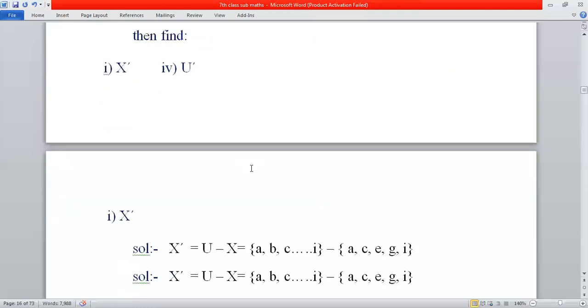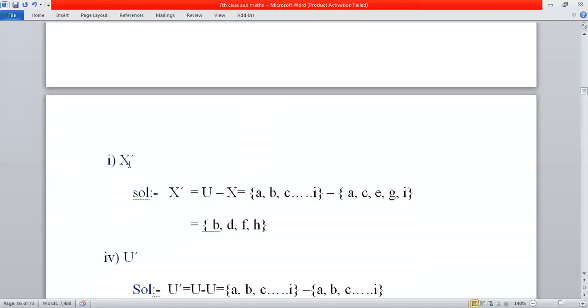So dear students, first of all we solve the first part, X complement. X complement means universal set minus X. So in the universal set you have been given A, B, C, D, E, F, G, H, and I.